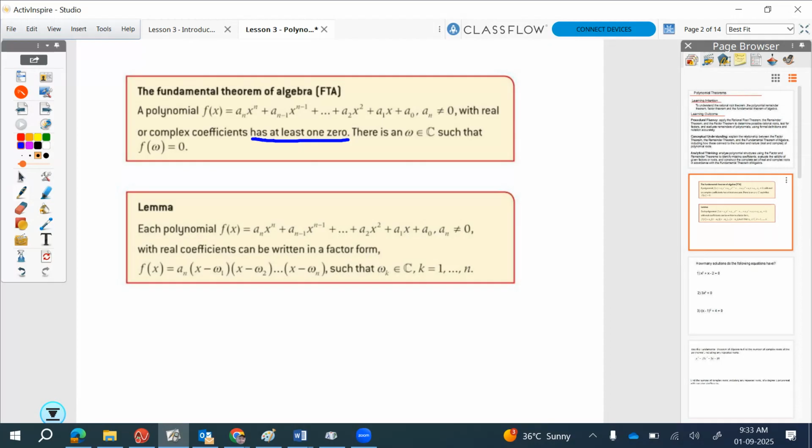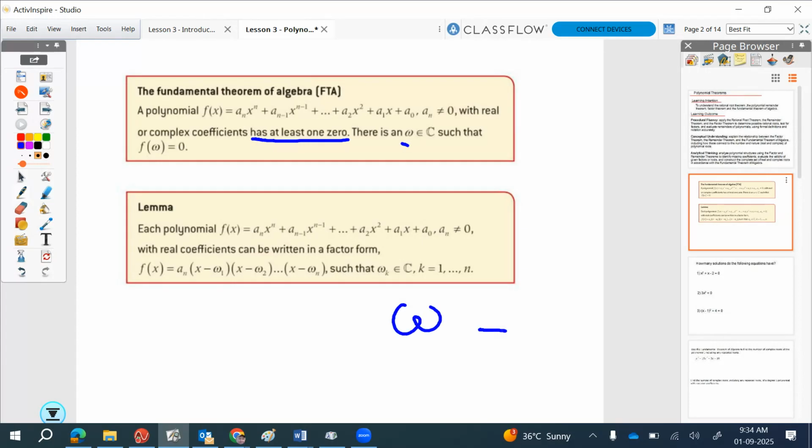So that's what that says. It has to have at least one. It says there is an omega, this little symbol here, which is the Greek letter omega.